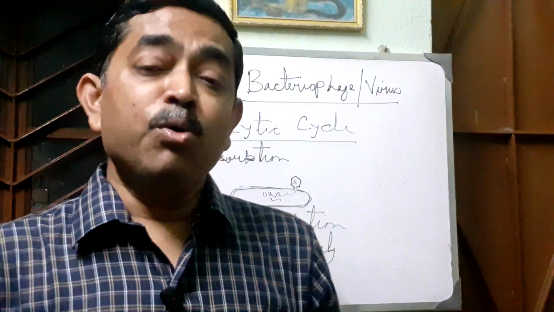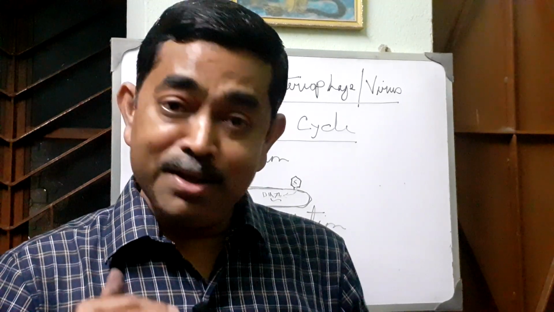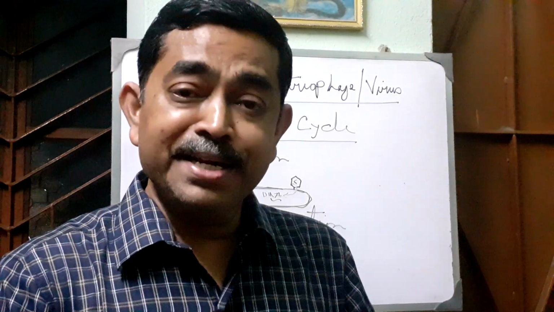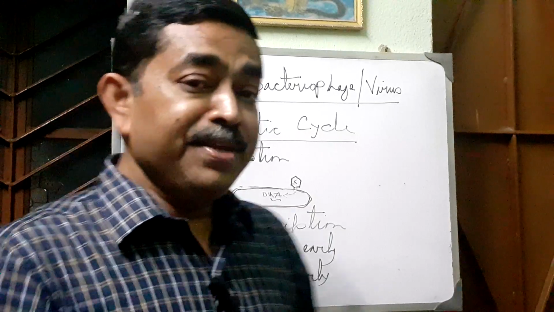So the bacterial restriction enzyme will not degrade this phage DNA, because it is modified. This is called the restriction modification model, and they will not be destroyed by this, and they will produce the phage DNA.